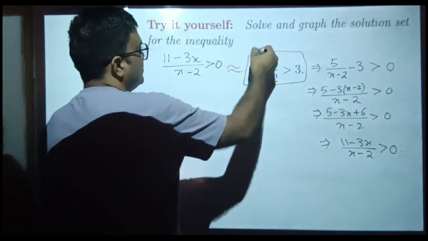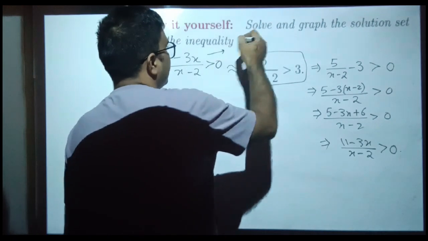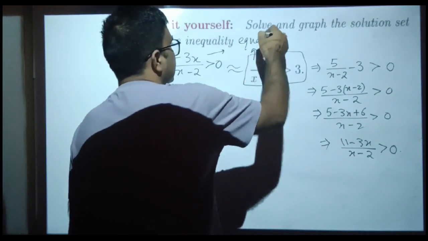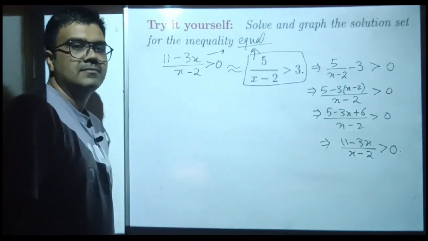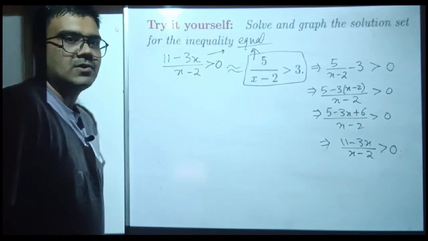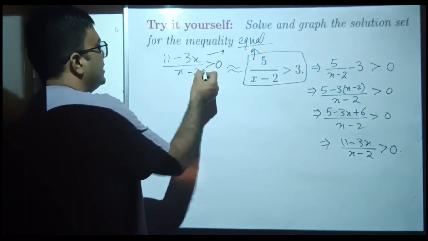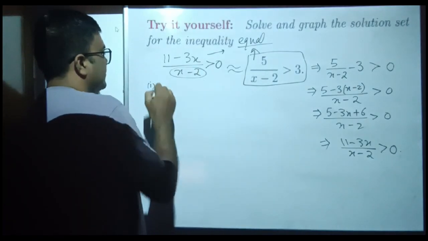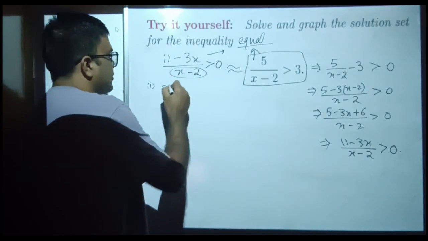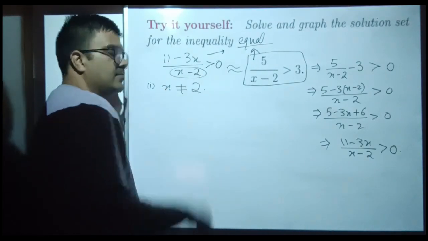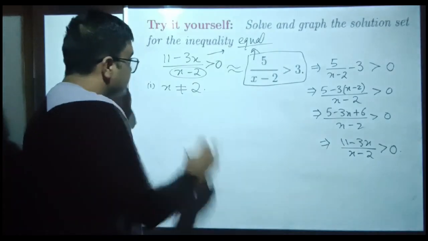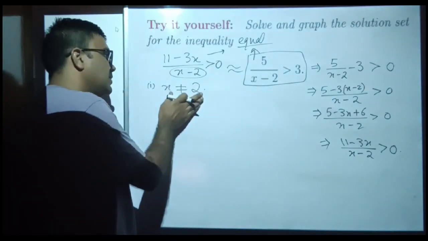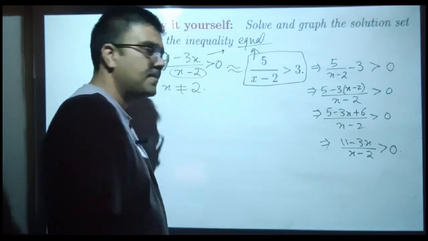The solution sets for both are equal. Now to solve this, first is identifying the zero point. Denominator should not be 0. How do we obtain this? Equate x minus 2 to 0, you will get x is not equal to 2.